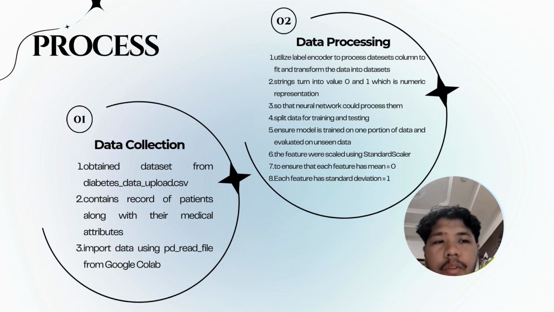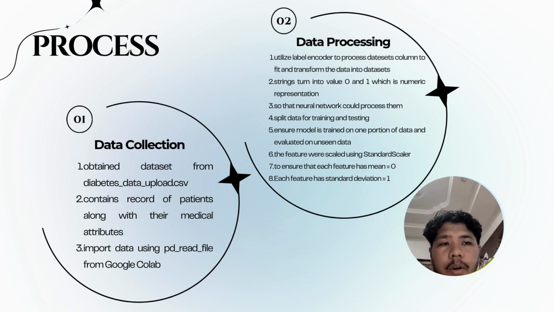For the data processing, the project utilizes the label encoder to process the dataset columns that contain string values into integer values of 1 or 0 by using df.apply. This will fit and transform the data in the data set.